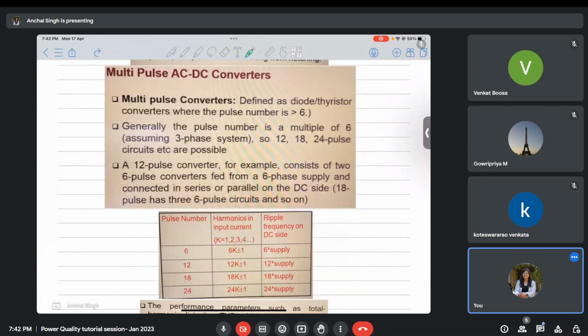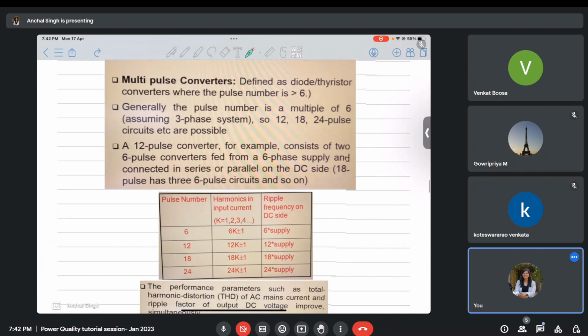They are discussed. So as I mentioned, if you increase the number of pulses, then within the same phases you can increase the number of pulses by increasing the number of switches, and when you increase the number of pulses, then the ripple reduces, and therefore we obtain closer to a pure DC waveform. Therefore these were discussed. Okay, so these are called multi-pulse converters.